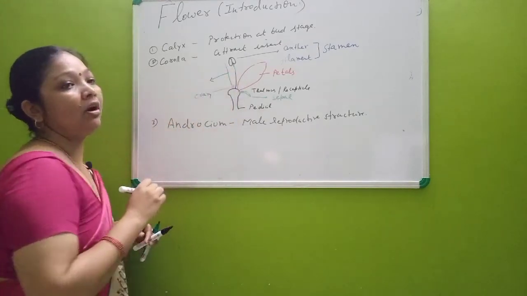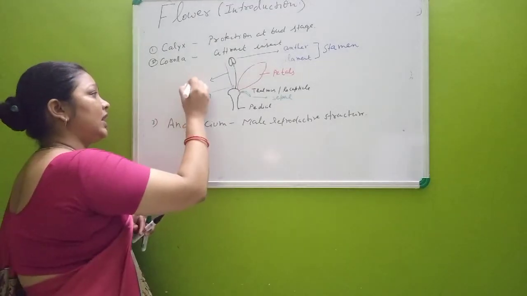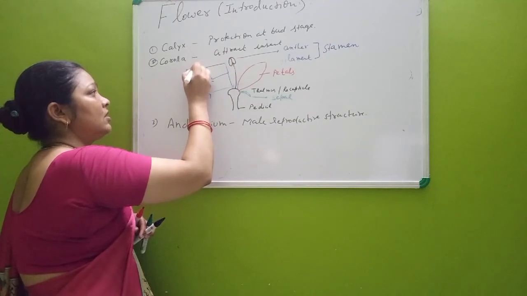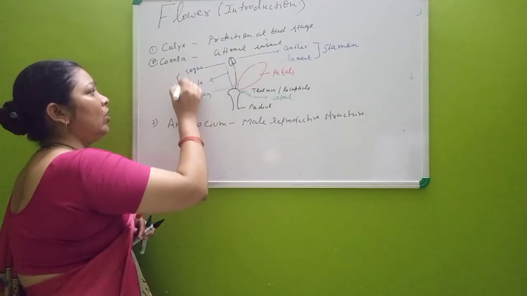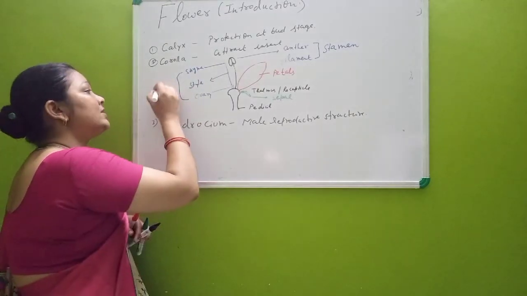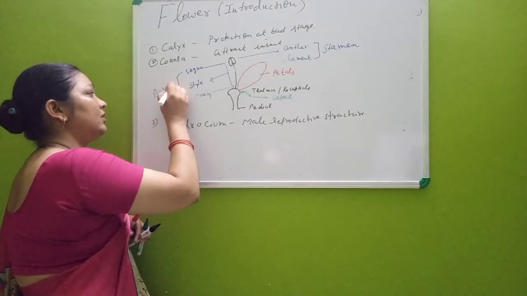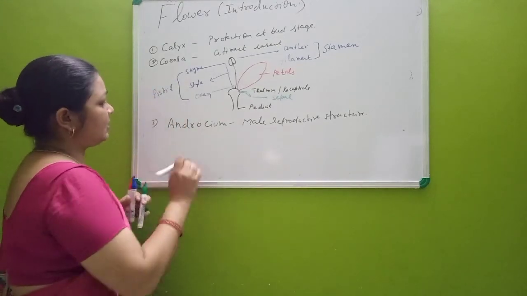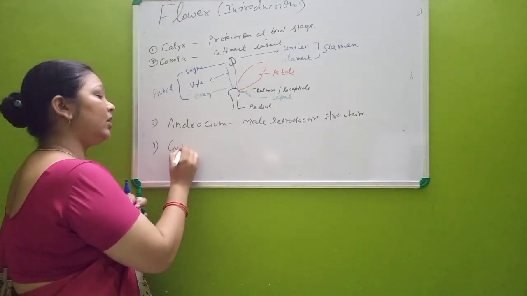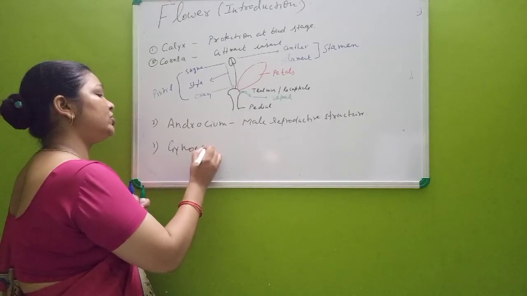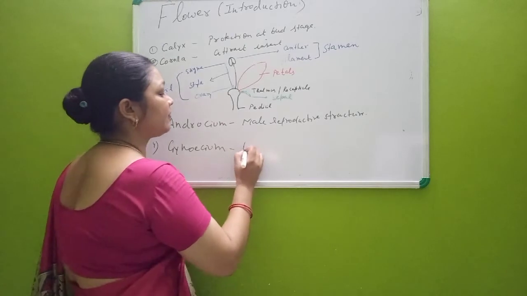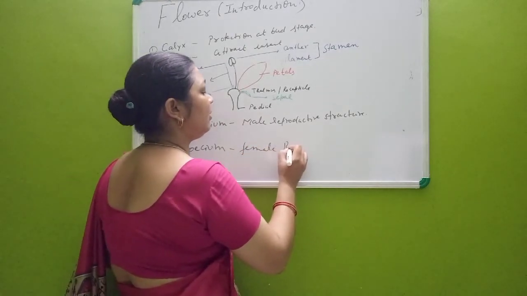This long filamentous structure is called the style, and this is the stigma. Stigma, style and ovary together are called the pistil. The pistil is the fourth whorl, called the gynoecium, the female reproductive structure.